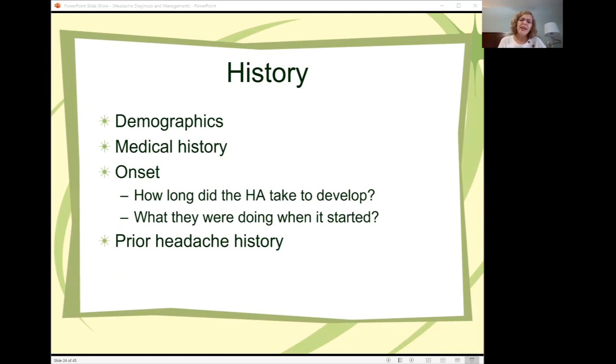Look at the onset of the headaches. Is there a gradual onset or a sudden onset? If there are severe, sudden symptoms, then emergent causes must be ruled out. A thunderclap headache that starts suddenly and severely indicates a vascular cause.